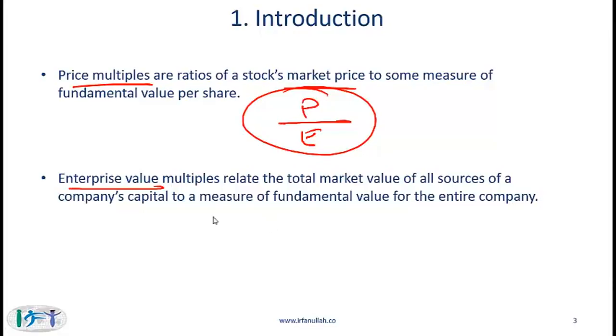Then the most commonly used enterprise value multiple is the overall enterprise value, and we've talked about this concept in an earlier reading, divided by some measure of cash flow or some measure that applies to all providers of capital. And the one that is used most often is EBITDA.